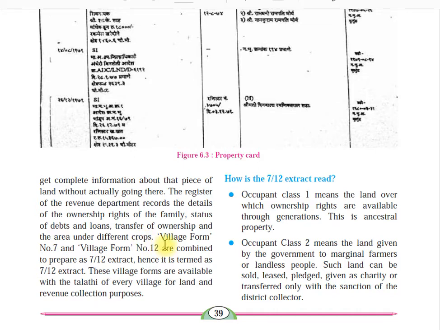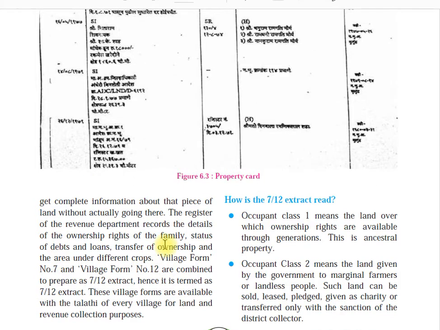Village form number 7 and village form number 12 are combined to prepare a 7 by 12. So you have to fill form number 7 and form number 12 and that combined is called 7 by 12 extract.